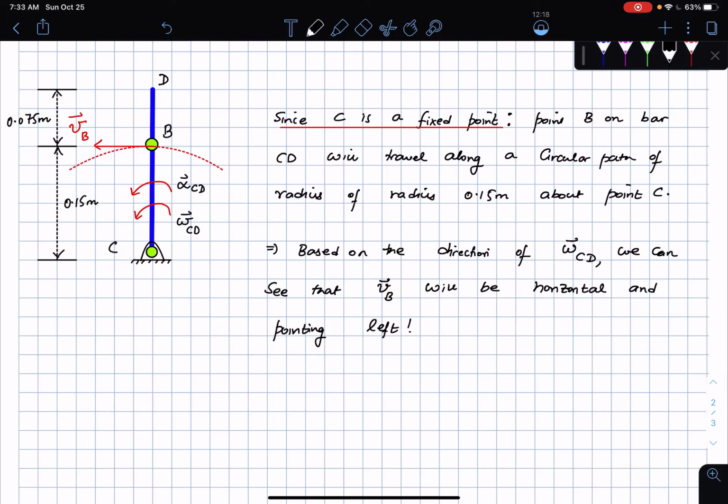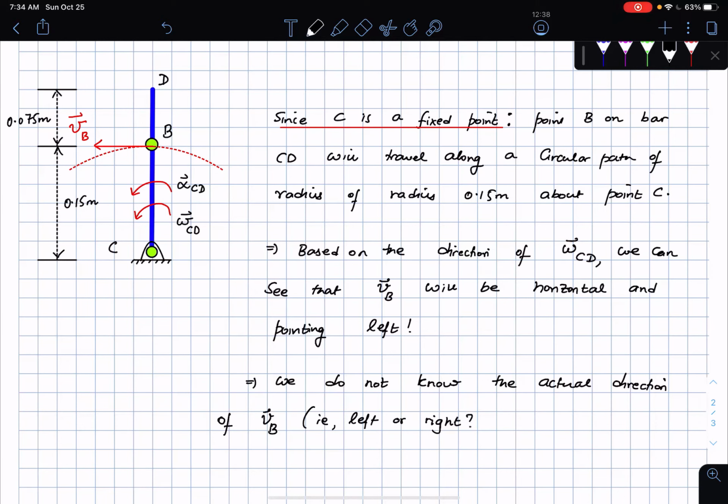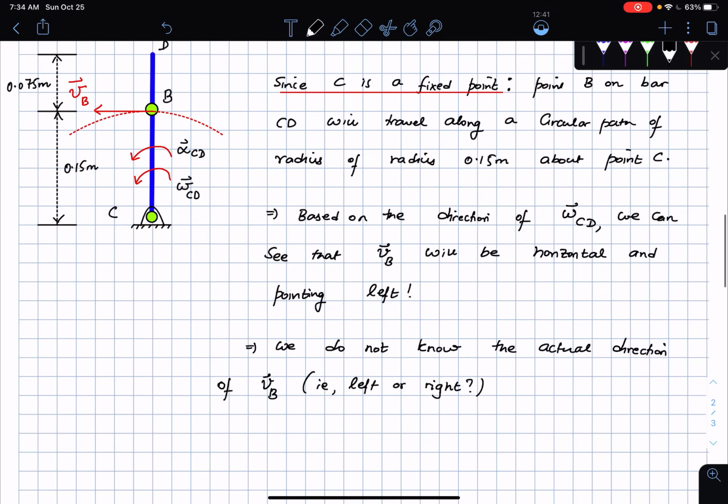Okay. Now, is the direction left or right? Okay, so we do not know the actual direction of VB, that is left or right, but we do know that it's going to be horizontal. But we do know that VB is horizontal at that instant in time.